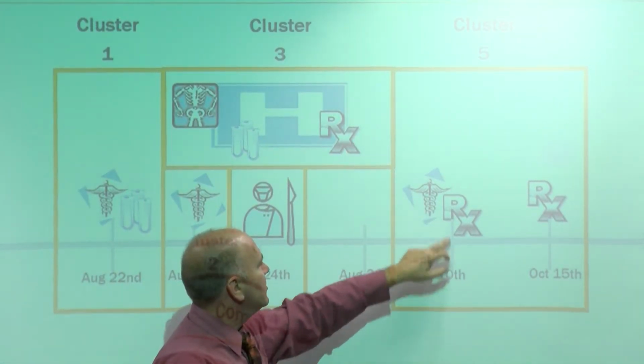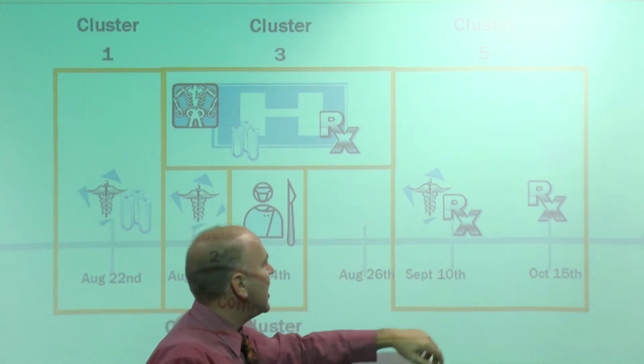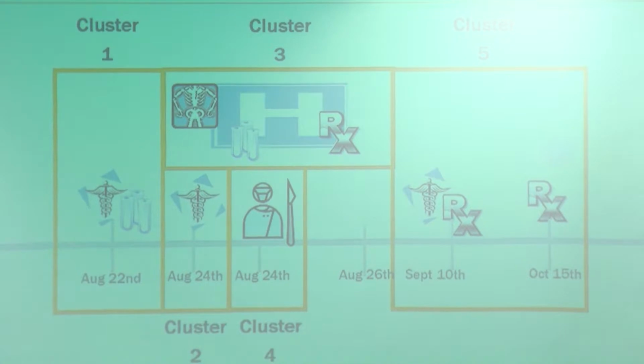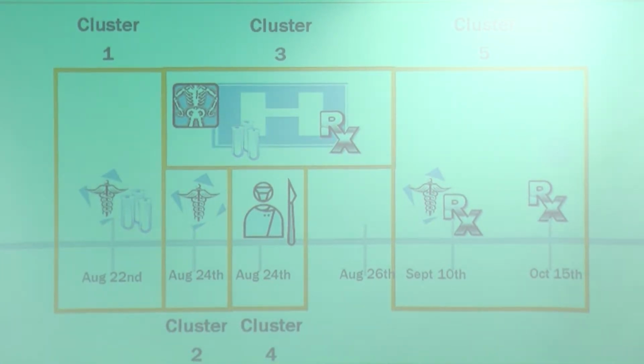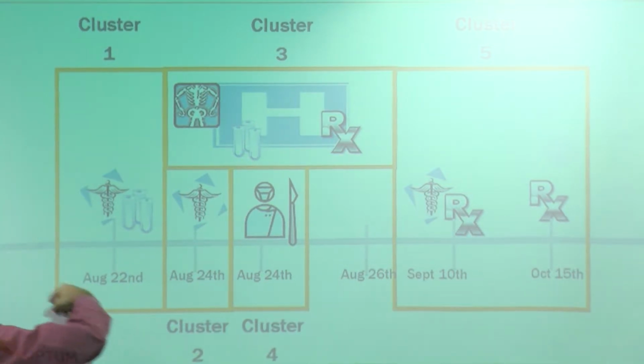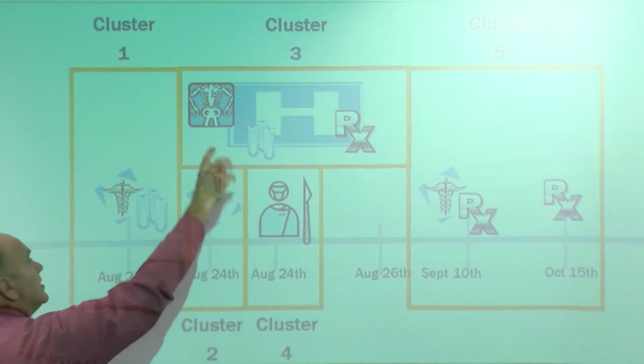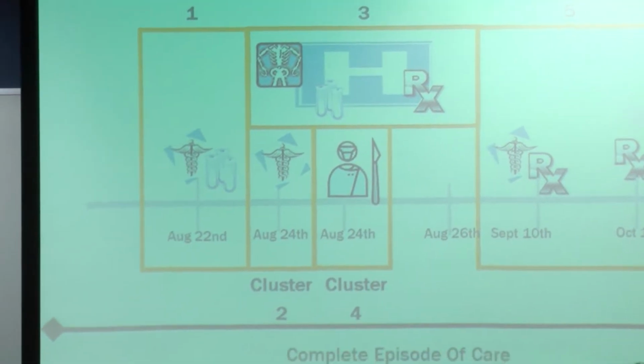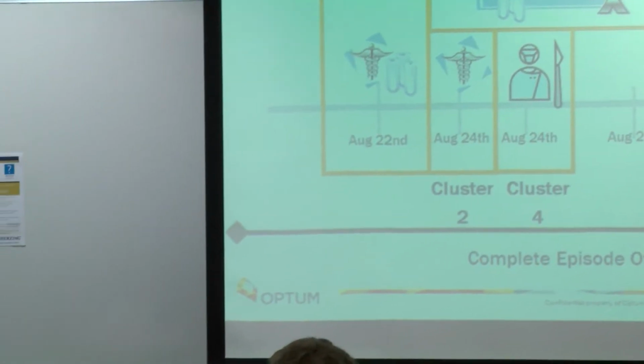You get out of the hospital September 10th, you get an RX from your doc, and October 15th you refill that RX. If you look at that from soup to nuts, and that's all the same clinical condition, that forms an episode. All of the claims from the lab, from the pharmacy, from the hospital form that particular episode.